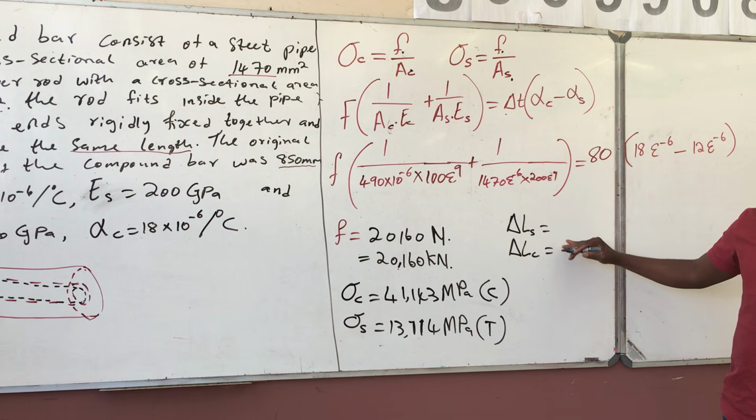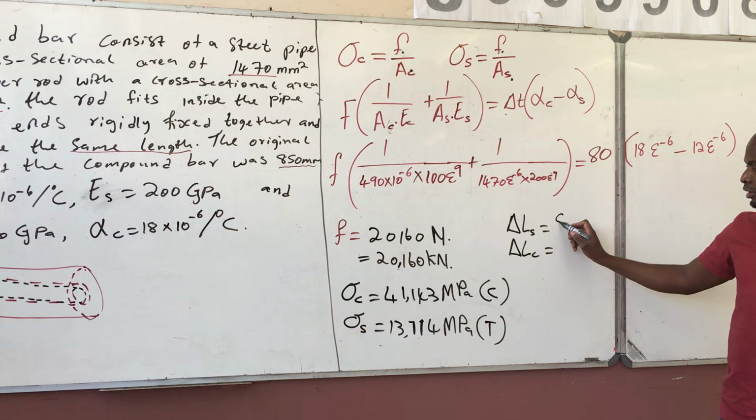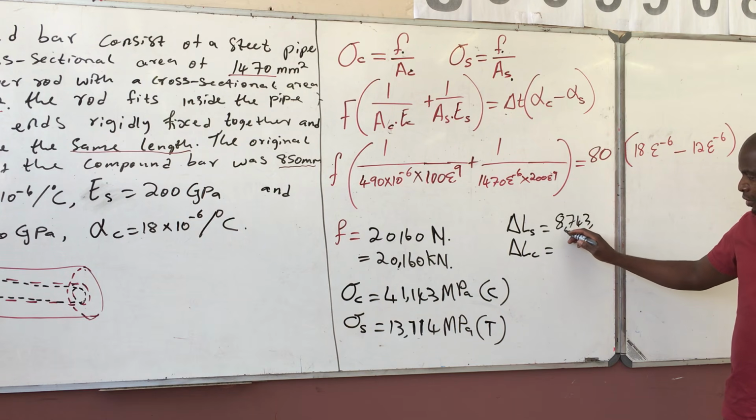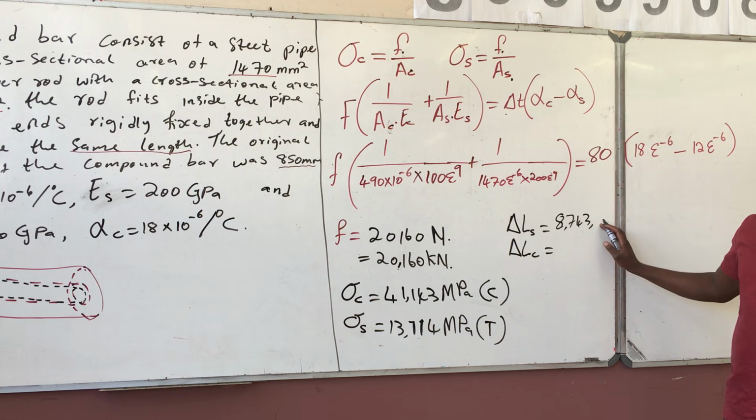Which one were you using? We're using steel. Yeah, you got 8,743 times 10 to the power minus 4.